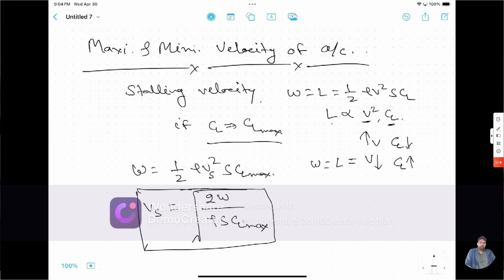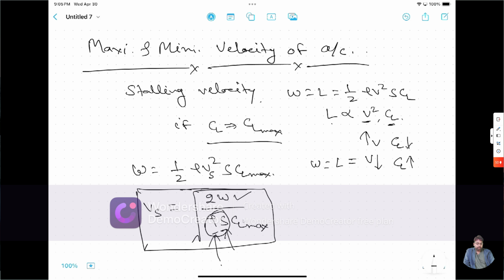Okay guys, so now you can see here this stalling velocity depends on the weight of the aircraft. Rho and S are constant. Rho is constant for a particular altitude. S is always constant. This is the planform area of the wing. So these are the constant things.